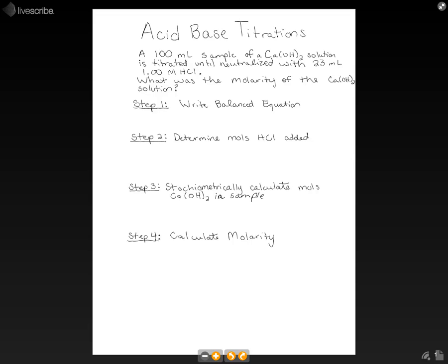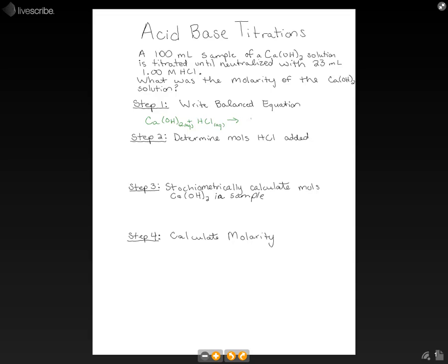So the first step we want to do is write our balanced equation. So we know we had calcium hydroxide to start with, and to that we added our hydrochloric acid. I'm just going to put an AQ next to both of these because they were both aqueous, or in solution. And when we look at this, we're going to do a double replacement reaction essentially.